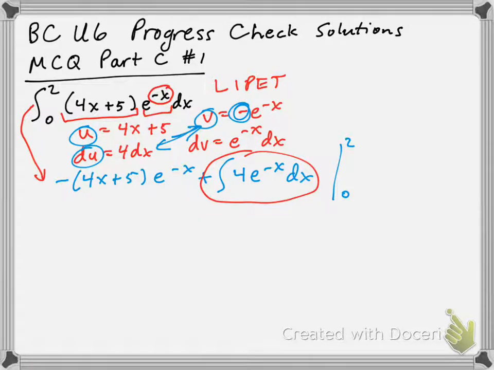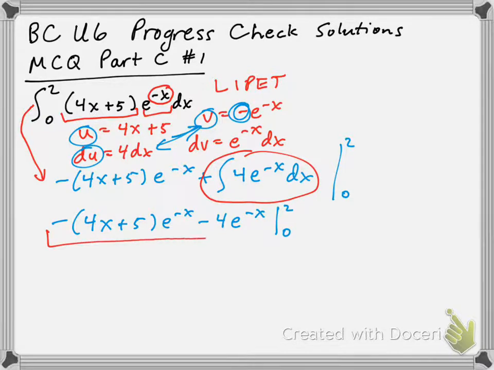We get negative (4x plus 5) e to the negative x, and then the antiderivative of 4e to the negative x is negative 4e to the negative x. And we don't need a plus C because this is a definite integral. So we're going to evaluate this entire antiderivative from 0 to 2.